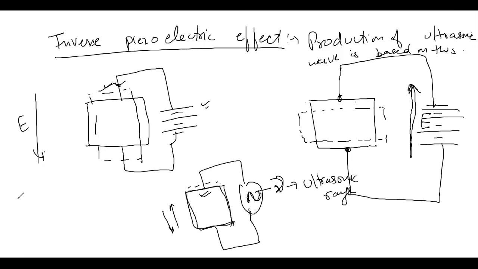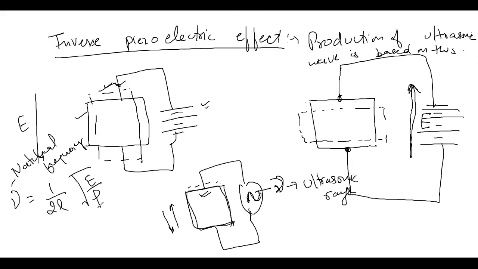The frequency of this crystal, the natural frequency, is given by this expression here, where L is the length or the thickness of the crystal, E is the modulus of elasticity of the crystal, rho is the density of the crystal. This is the natural frequency.